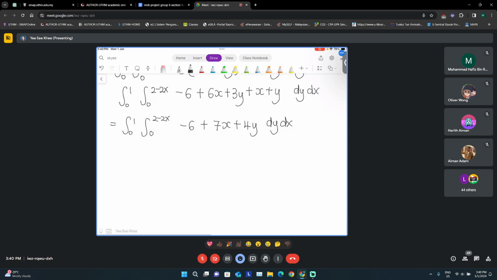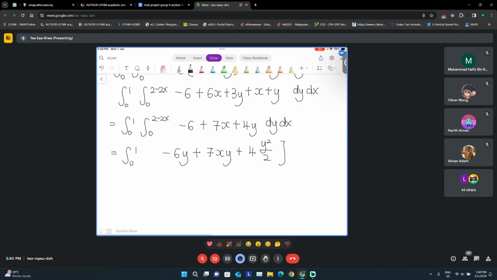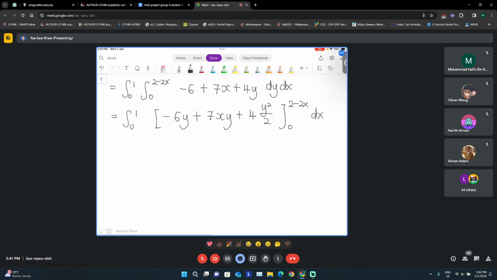Now we do the integration with respect to y. So negative 6 becomes negative 6y, plus 7xy, plus 4y squared over 2. Now all the y you replace with the interval value.